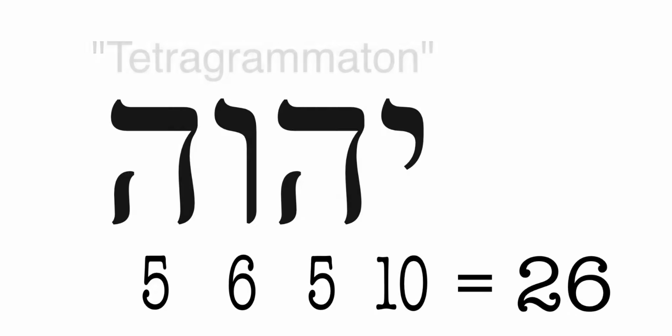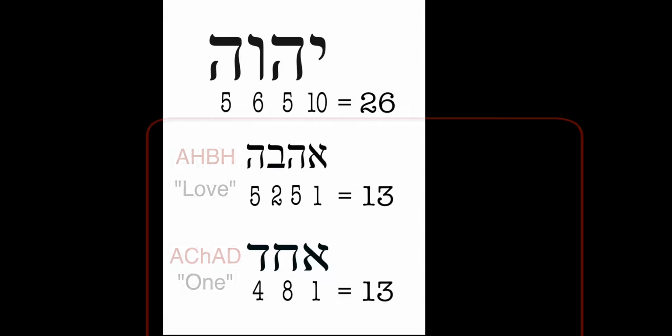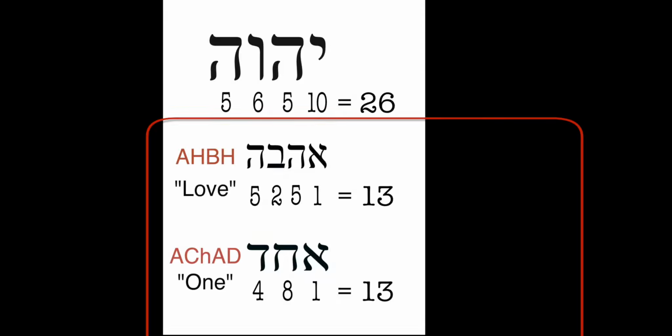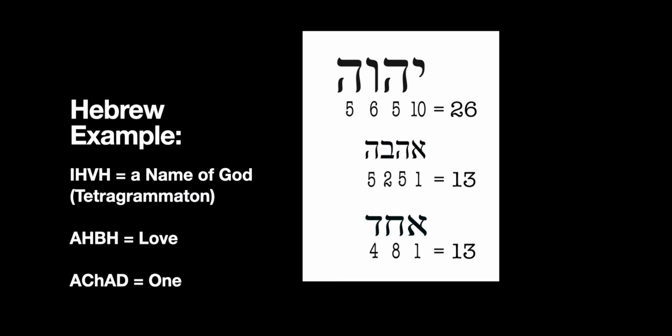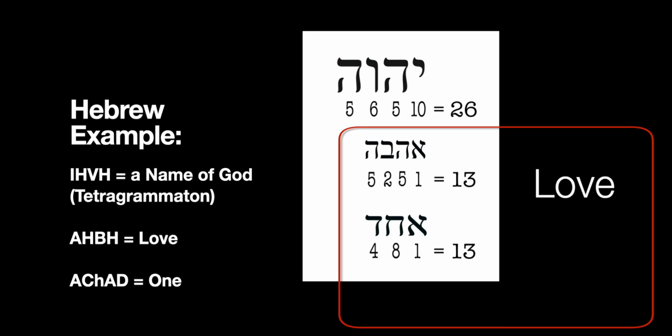Enumerating to 26, we have ahava and echad both enumerate to 13. And the idea is that 13 plus 13 equals 26. Well, first of all, if love, the Hebrew word for love, and the Hebrew word for one, ahava and echad respectively, both enumerate to 13, then that suggests that there's some kind of resonance between those two ideas.